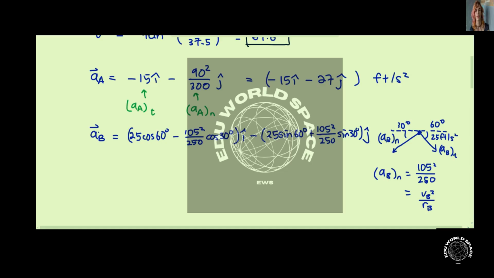Calculating the numbers, you get negative 25.7 i hat, negative 43.7 j hat.